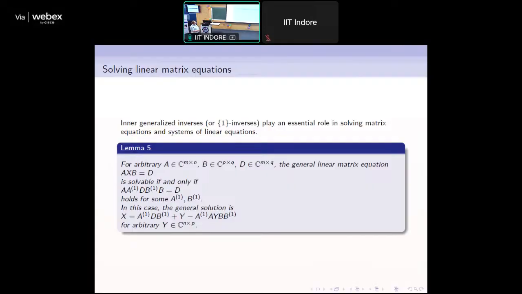We want to solve the linear matrix equation AXB equals D. A, B, D are given matrices, and of course they must be of appropriate order. X is the matrix which we want to compute, the unknown matrix.